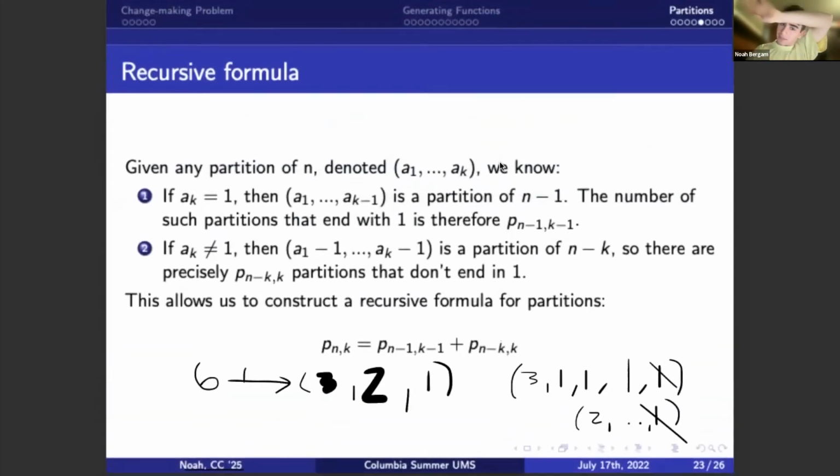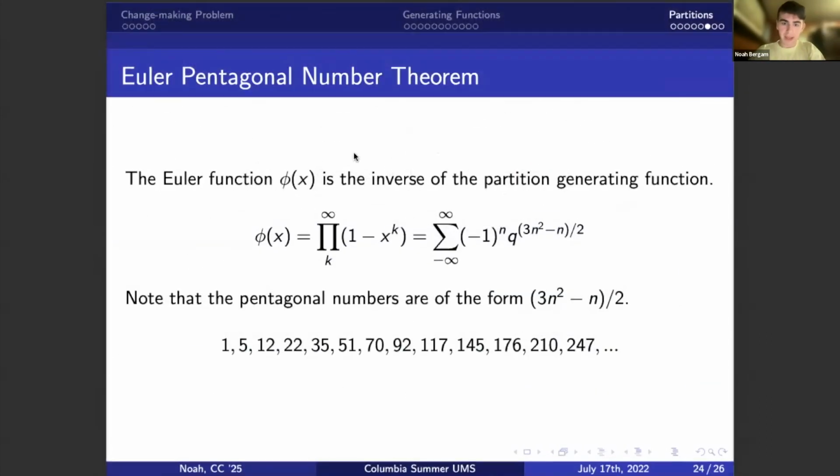I want to step back and remember the generating function for the partition. And again, that's different from the partition function itself. The partition function, of course, is a sequence, right?